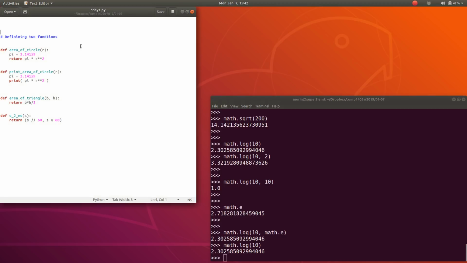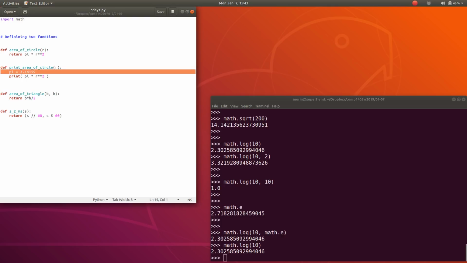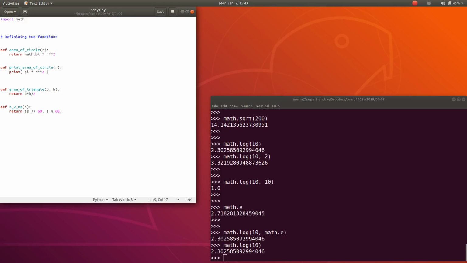Yeah. So now that we know about this math library, here's the way I would write this. One way to write this, I could say import math. Let's not define pi there. Here we can just say math.pi. And here we can just say math.pi.